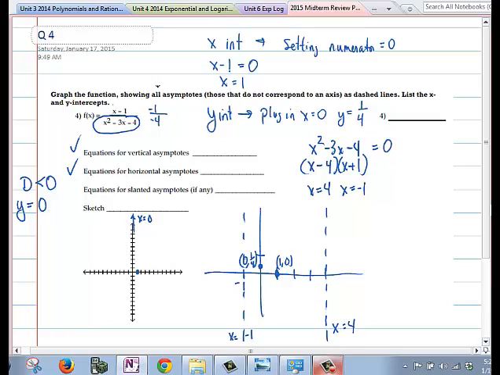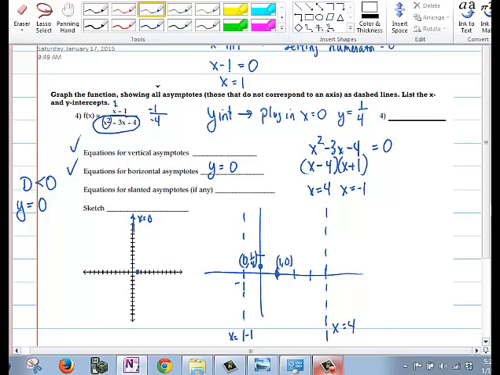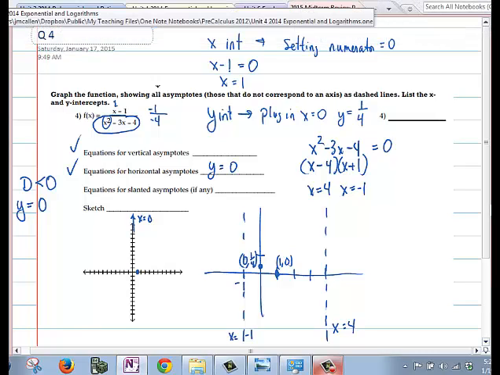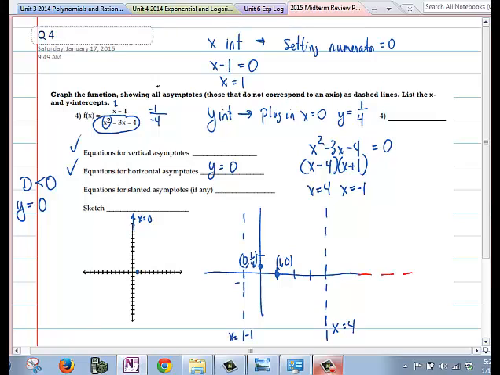In this case, the degree of the top is 1, because that's a power of 1. The degree of the bottom is 2. So the overall degree of the rational function is -1, which is less than 0. So the horizontal asymptote will be at y equals 0. I'm going to make that in red. So this is the horizontal asymptote at y equals 0.